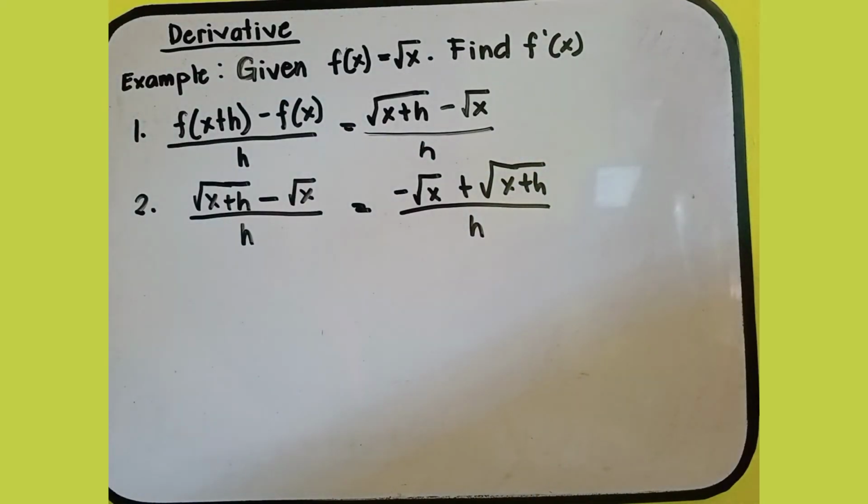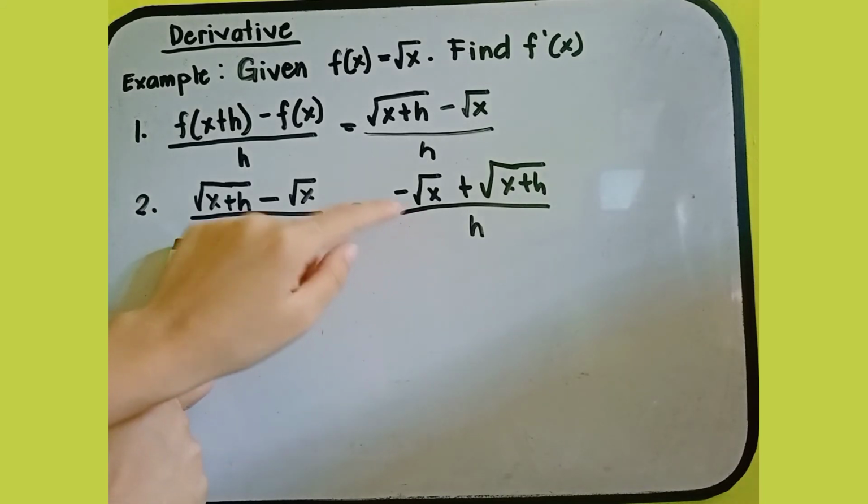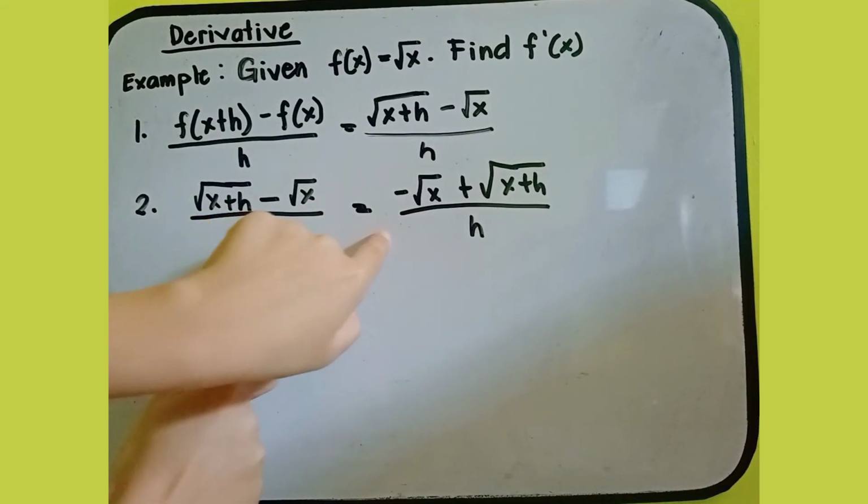As you can see, this is now the simplified form of the difference quotient. Or we can also have this one, we just rearrange it.